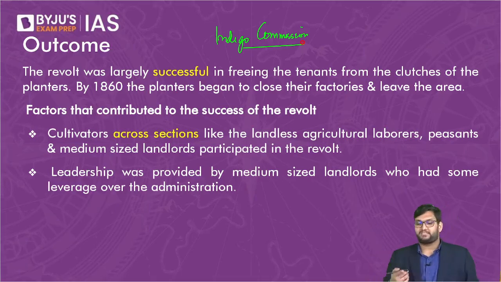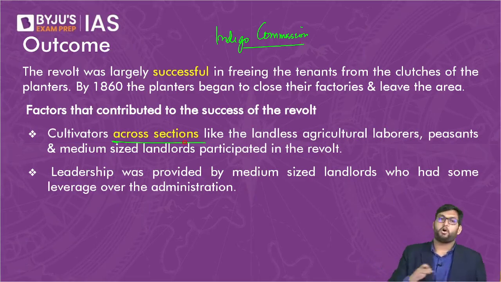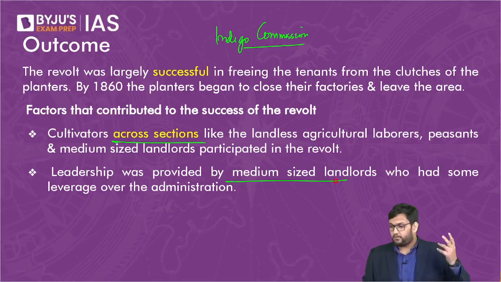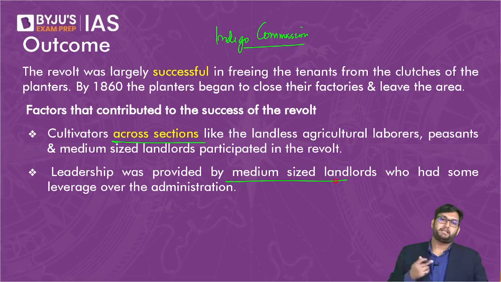The more interesting aspect is what contributed to their success: across all sections, landed agriculture labor, peasant, medium size, all were part of the rebellion. And more than that, the medium sized landlords actually acted like leaders for the simple peasant. So for a peasant, very simply, the medium sized landlord acted like a leader.